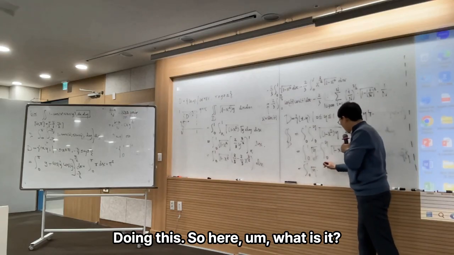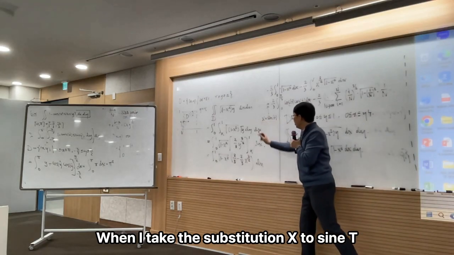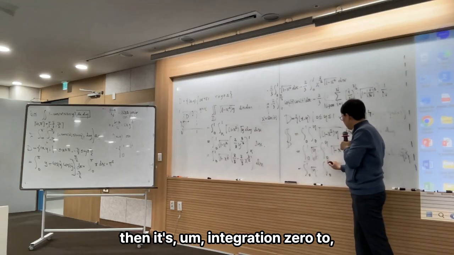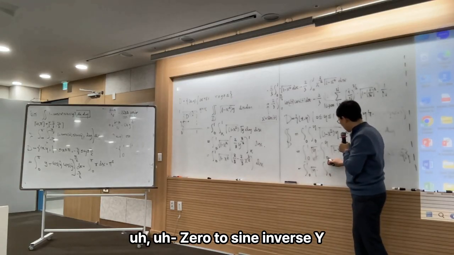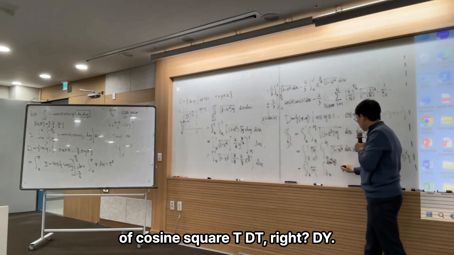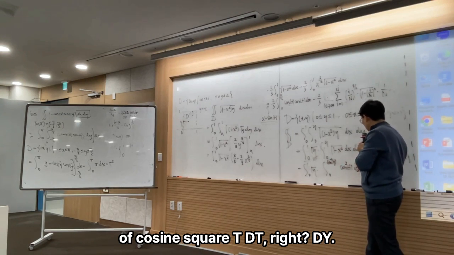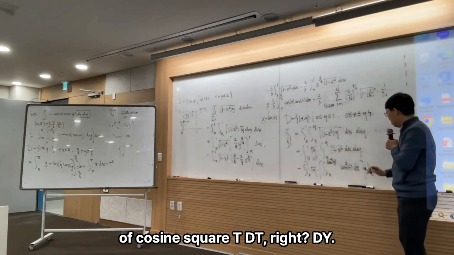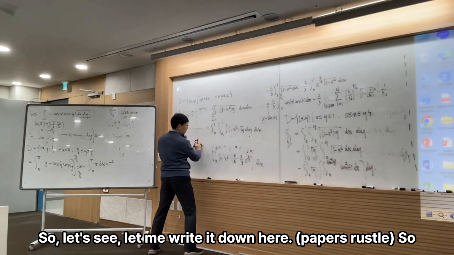So here, what is it? When I take a substitution x equals sine t, then it's the integration from 0 to sine inverse y of cosine square t dt, dy. So let's see, let me write it down here.